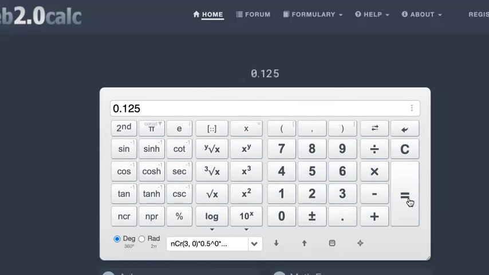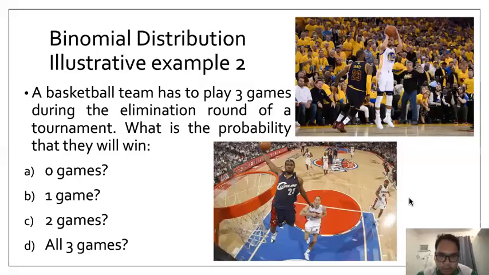That's our answer, 0.125. If we want the fraction form, the fraction form of 0.125 is 1/8.